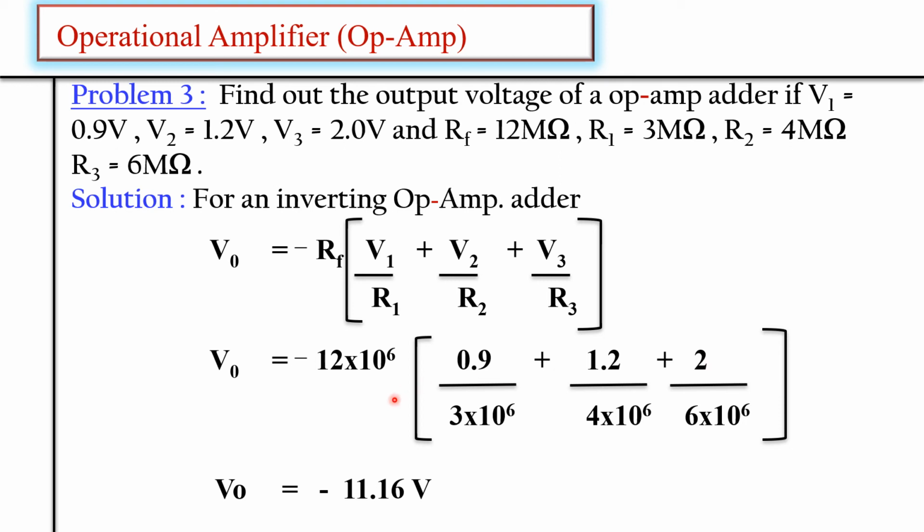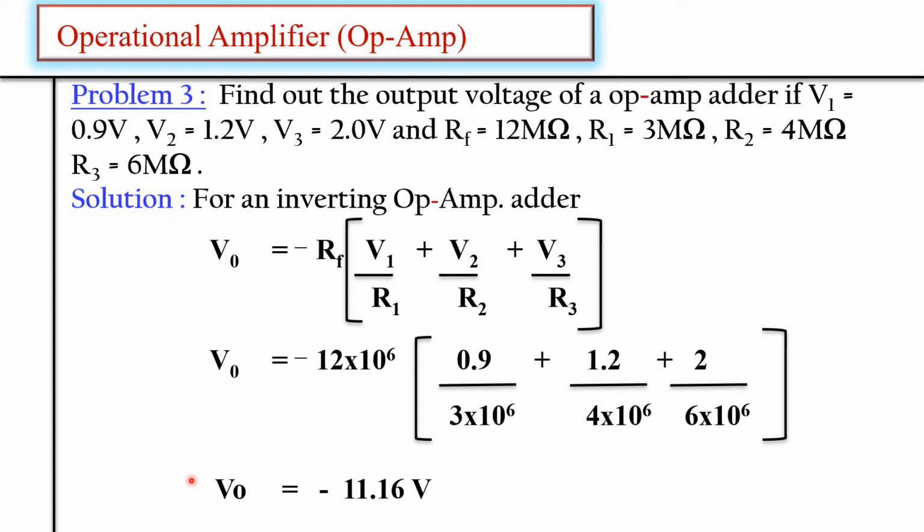So I can add 0.3, 0.3 and 0.33, and multiply by 12. What is the output voltage? That is equal to minus 11.16 volts. So the output voltage for the inverting op-amp is coming out to be minus 11.16 volt.